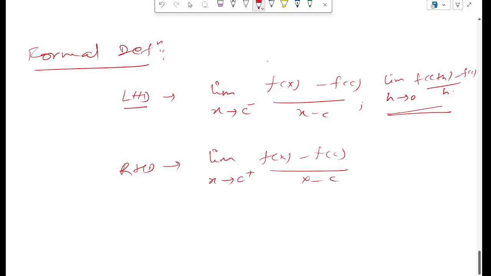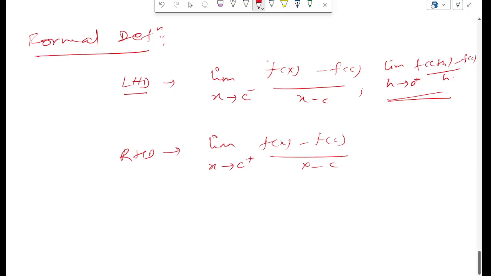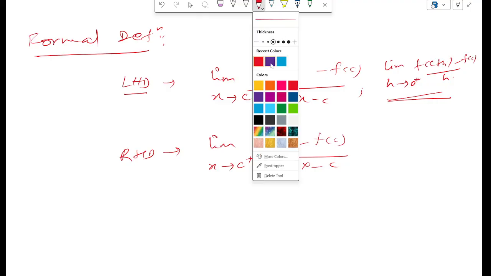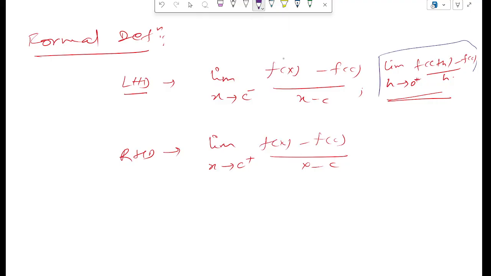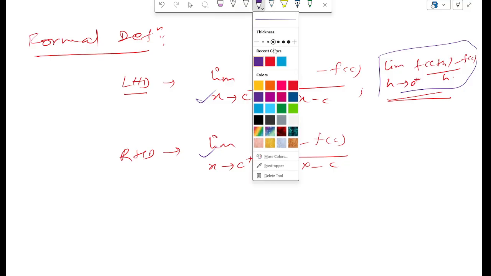So h will go to 0, and we will calculate by putting h as 0 plus and 0 minus sometimes like this. This is just another way to write this function. So we will stick with one way to write this, and we will use this. Okay. Now this is how we formally define differentiability of a function.